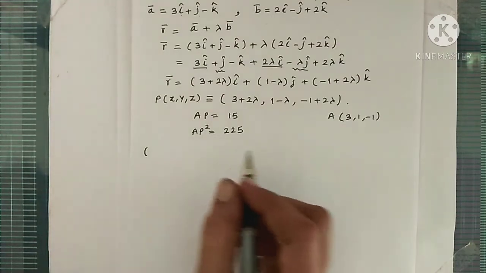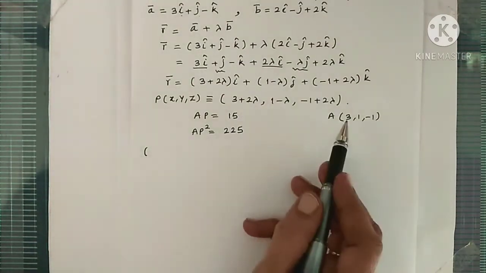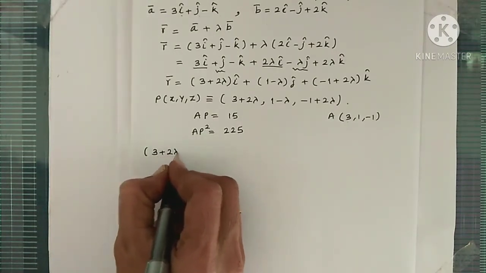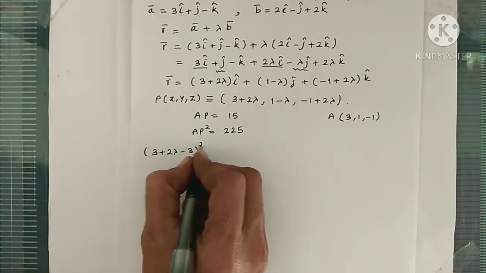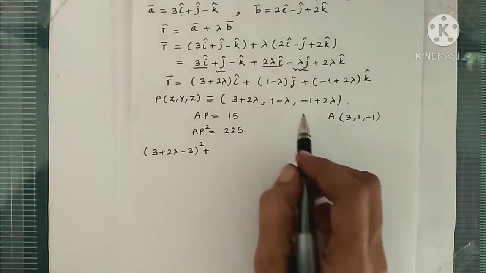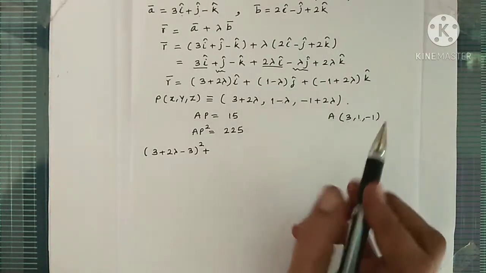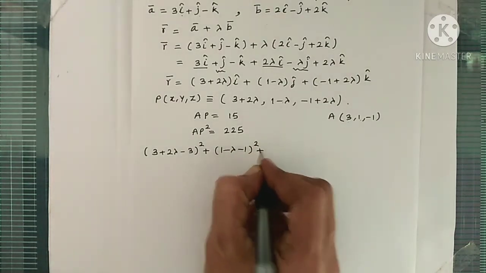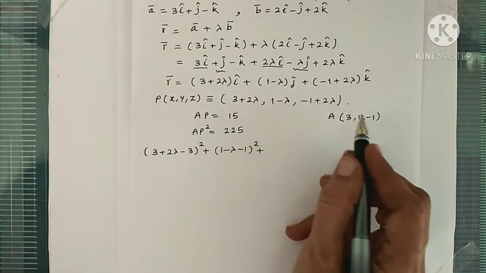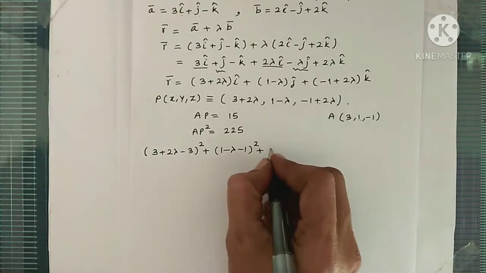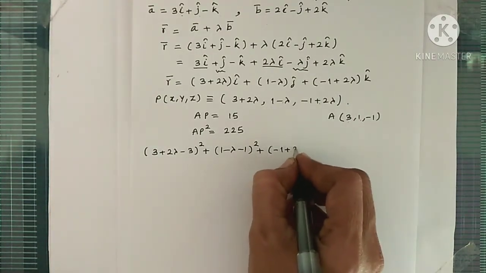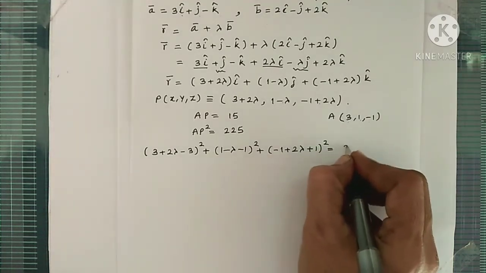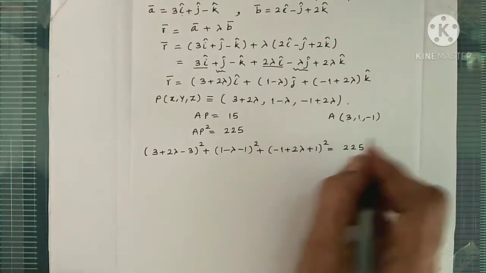So AP square: x2 minus x1 square, (3 plus 2 lambda minus 3) square. Next is y2 minus y1 square, (1 minus lambda minus 1) square, plus z2 minus z1 square, (minus 1 plus 2 lambda minus minus 1) square, is equal to 225.